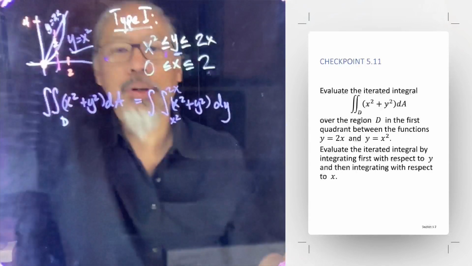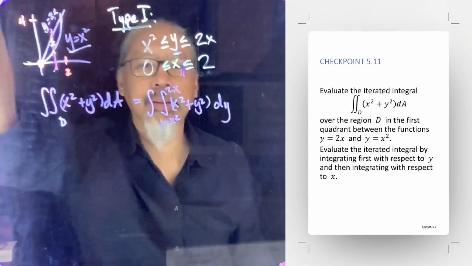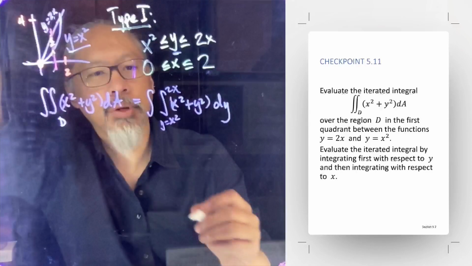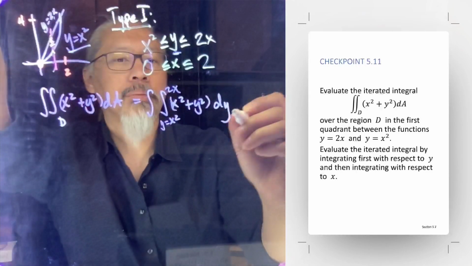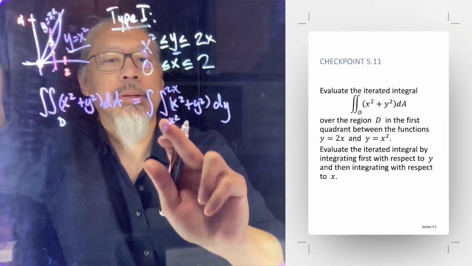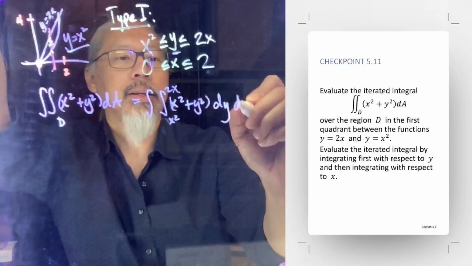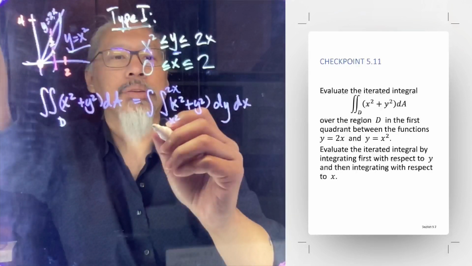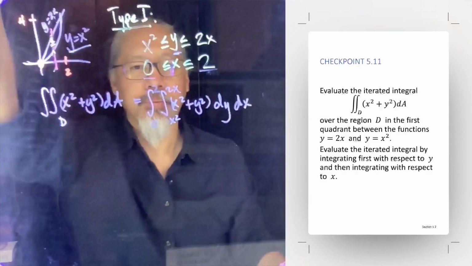I notice that the book does this a lot when they put y equals. I think that's good practice, just so you know what you're integrating with respect to, but it's not necessary. It's up to you. Then our x values go from 0 to 2.